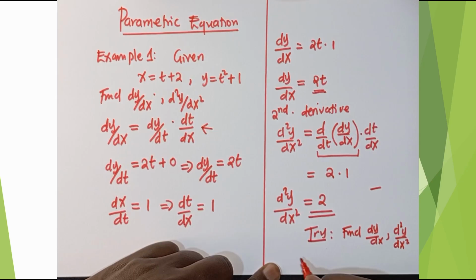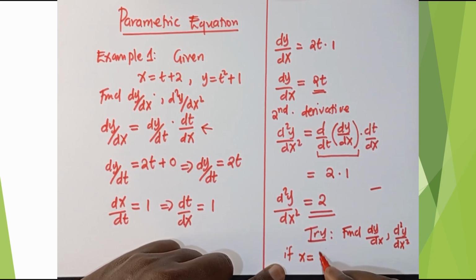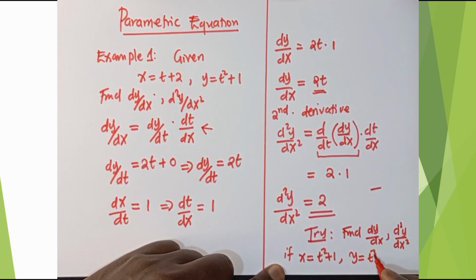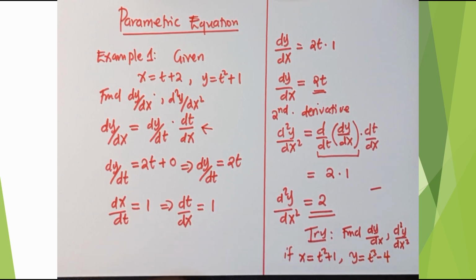If x is equal to t squared plus 1 and y is equal to t to the power 3 minus 4.